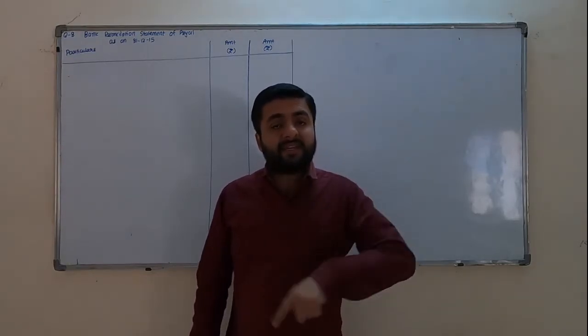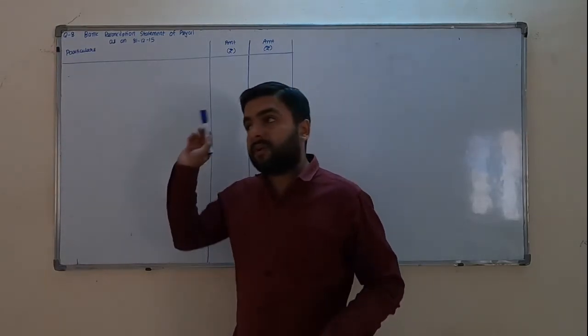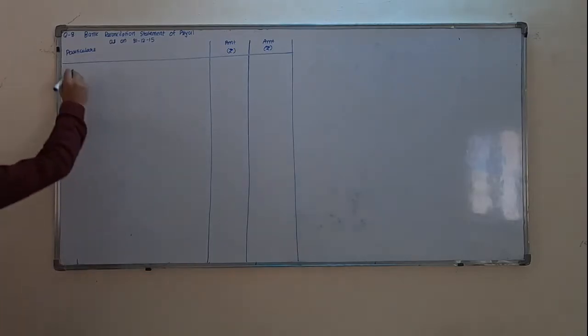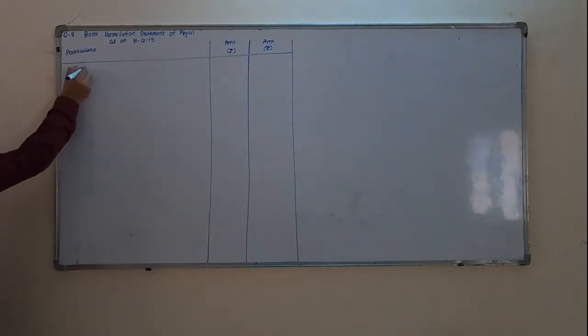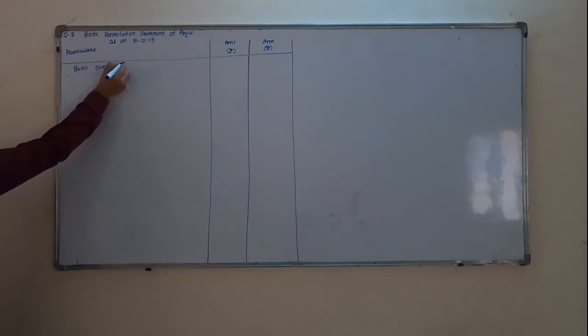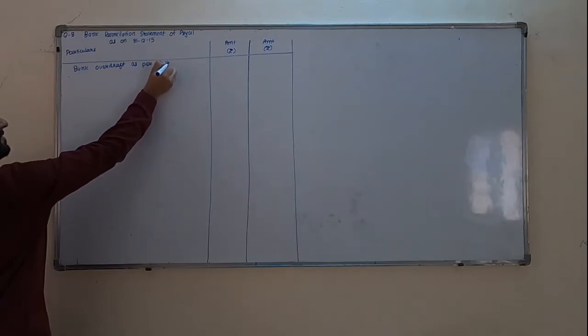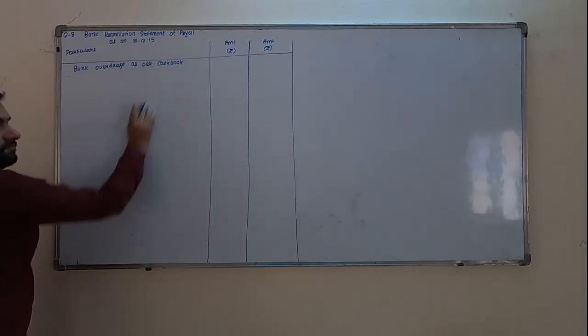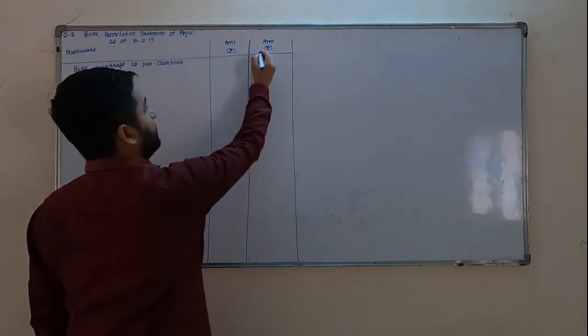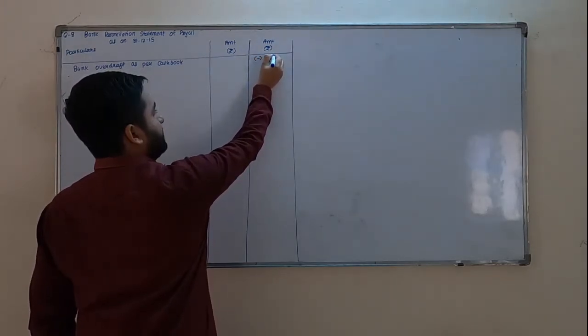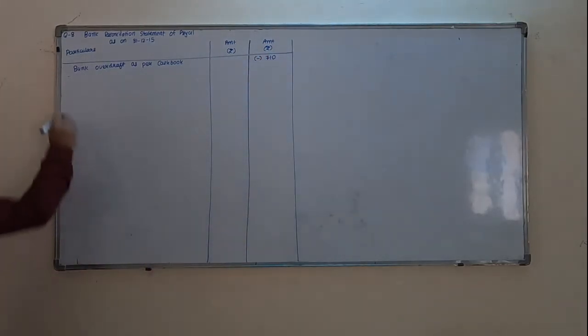So that is invalid. You strike it off. Okay. So now we are starting with the bank overdraft as per cash book, it is 710 rupees. So overdraft is shown as a negative amount, 710.